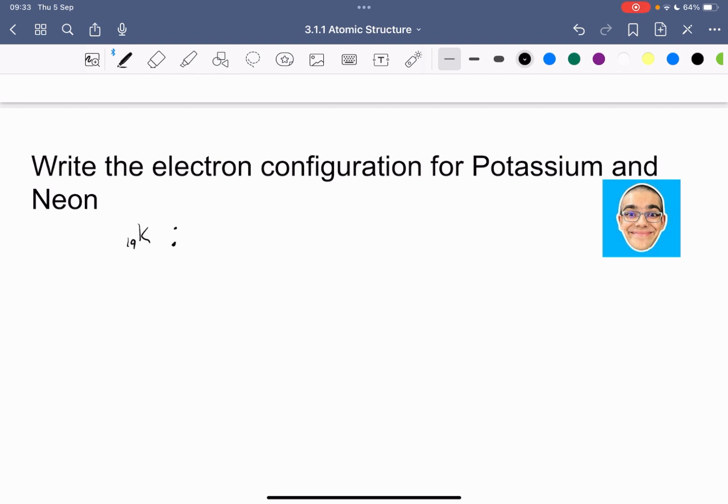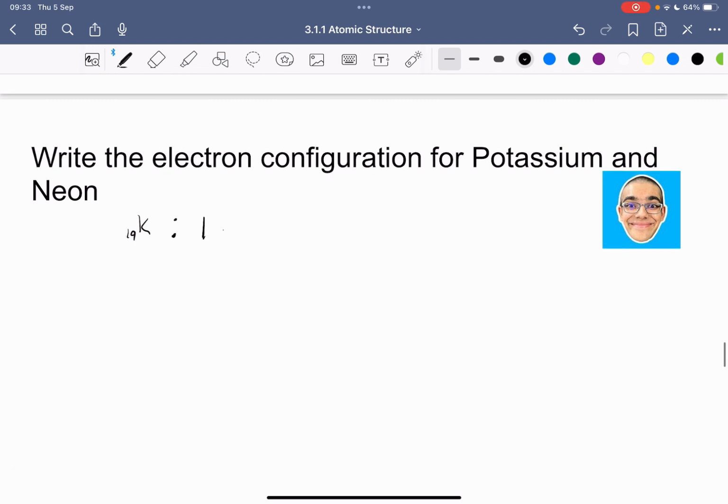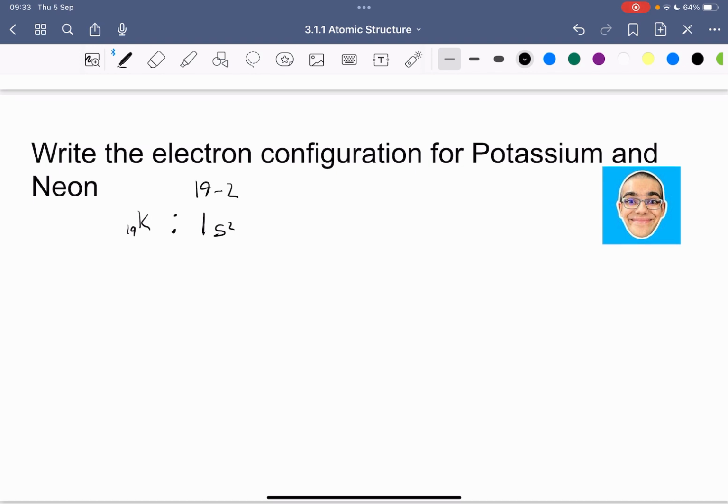Firstly, we fill up 1s, which can hold up to 2 electrons, so I'm going to do 19 take away 2. Now we fill up 2s, so that's another 2 electrons. Now I'm going to fill up 2p, which can hold up to 6 electrons, so I take away another 6. Now I've used 10, so I've only got 9 left.